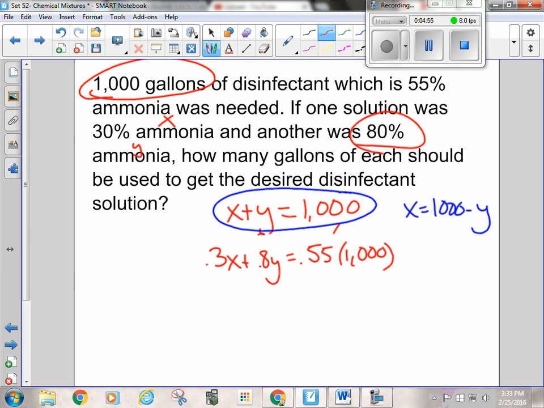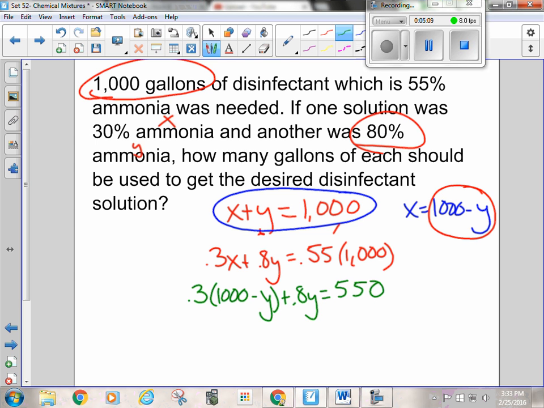Okay, so I'm still going to use this and plug it in place of my x. So I have 0.3 times (1,000 minus y) plus 0.8y equals 550. Distribute my 0.3, so we get 300 minus 0.3y plus 0.8y equals 550.